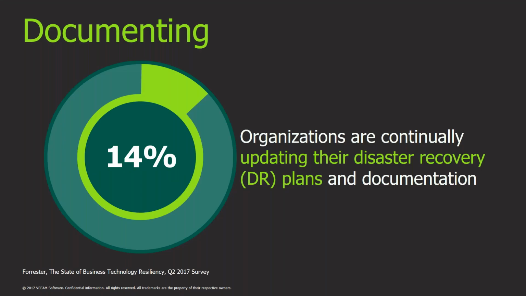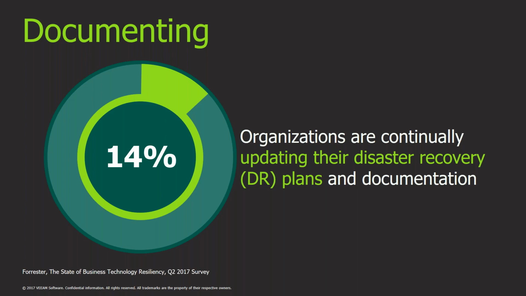So taking a look at some research from Forrester, first up, documenting, right? Documenting the DR plan is critical to any successful strategy, right? It clearly defines the DR plan in its entirety, and most importantly, it establishes the personnel, the processes, the procedures to follow in the event of an outage.